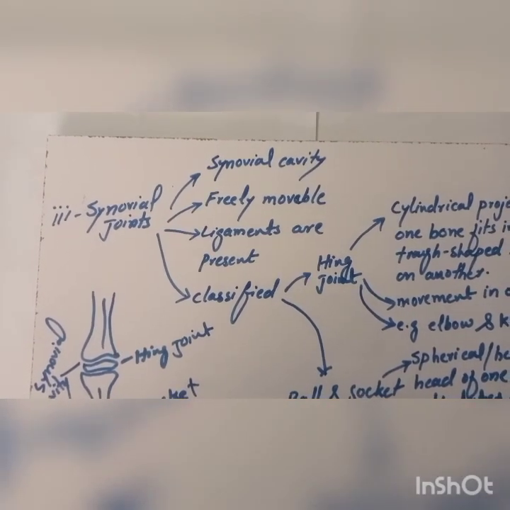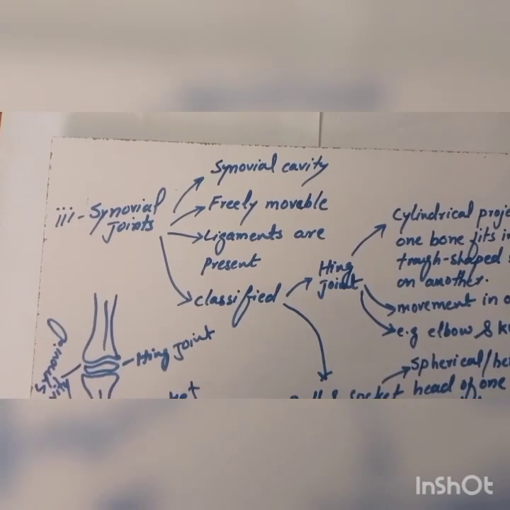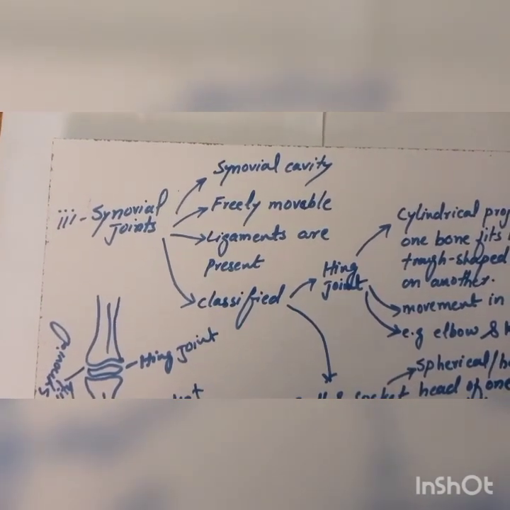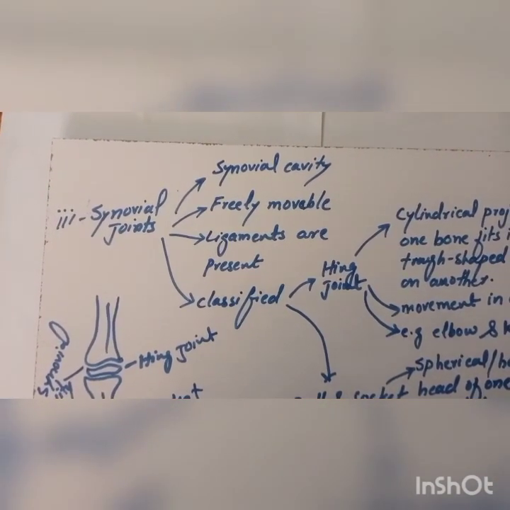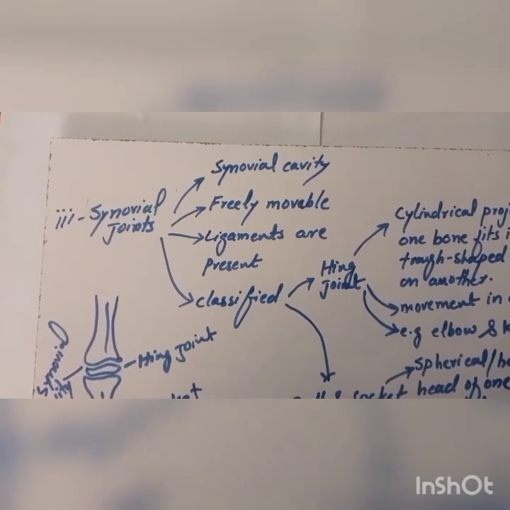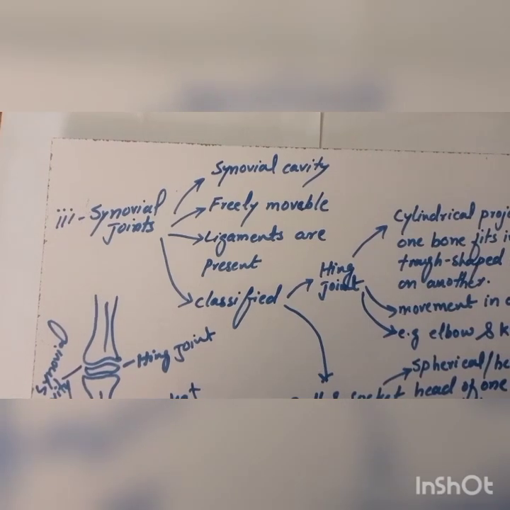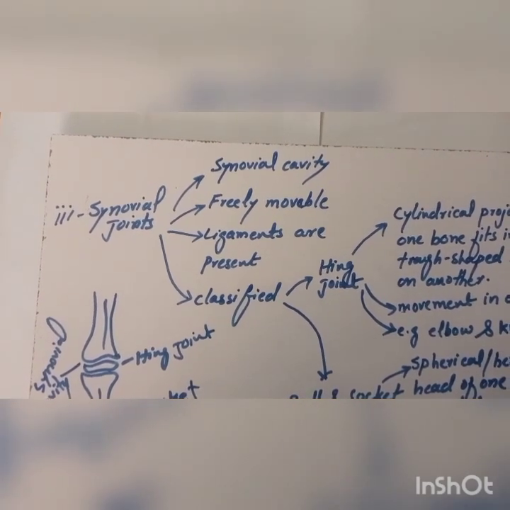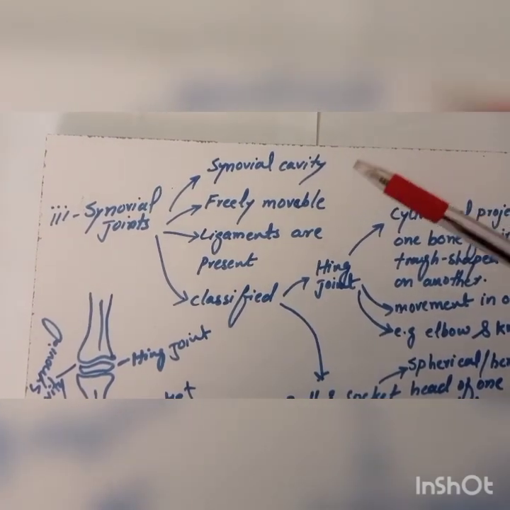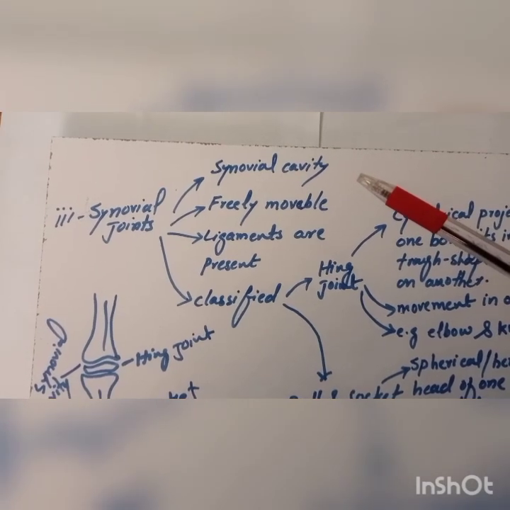The third one is synovial joints. Synovial joints are those joints in which the articulating bones are separated by a fluid-containing joint cavity called the synovial cavity.